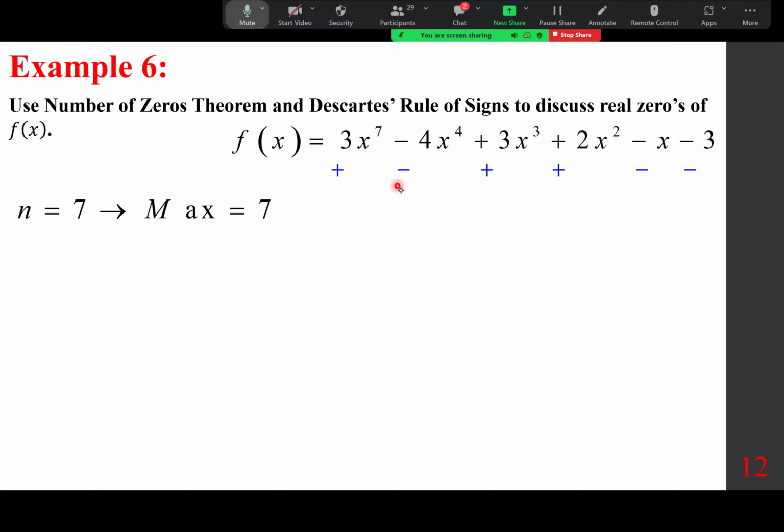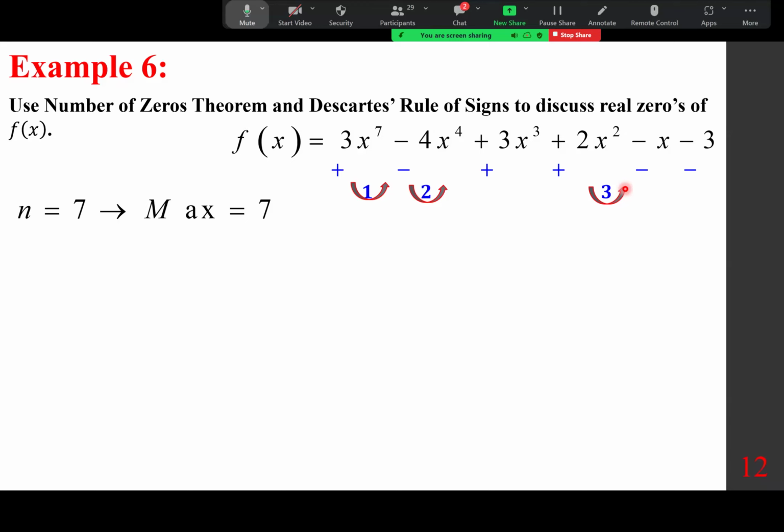From positive to negative, there is one. From negative to positive, that's the second one. Then from here to here, there is no change. And then from positive to negative, there's one more change. And from here to here, there's no change. So we have one, two, a total of three changes. So the positive real zeros could be 3, or you go down by 2, maybe 1.